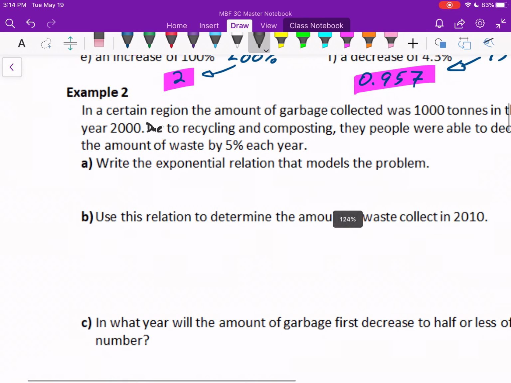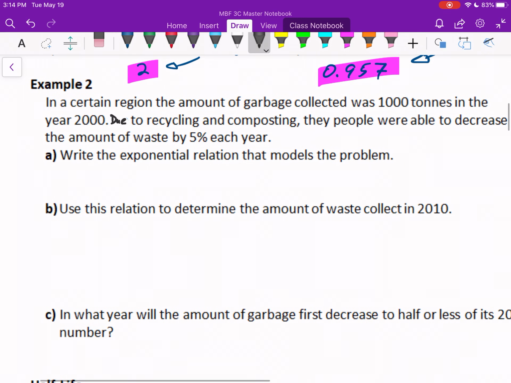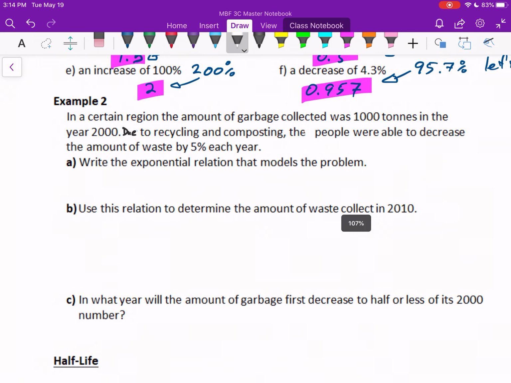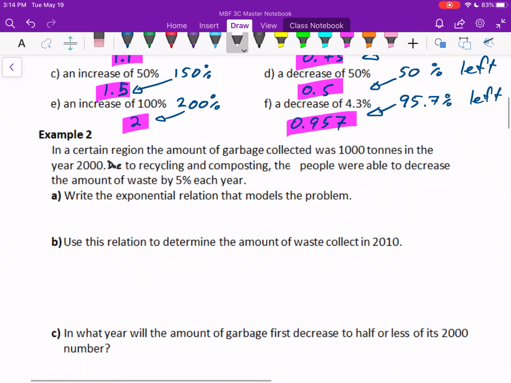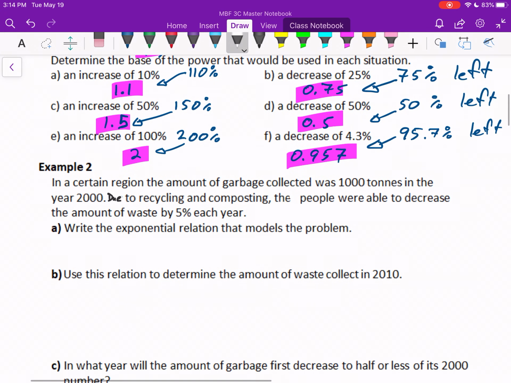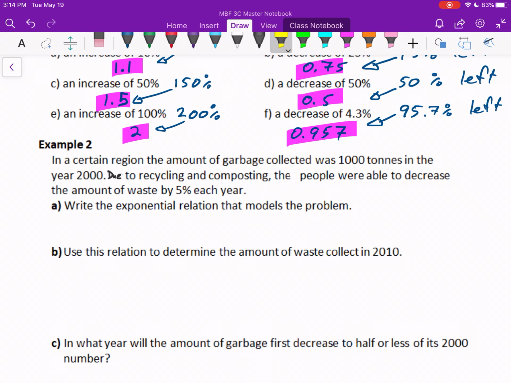Due to recycling and composting, the people were able to decrease the amount of waste by 5% each year. Decrease, okay? Decrease by 5% each year. So that means that there's 95% left, which means that b equals 0.95 because we change it to a decimal.